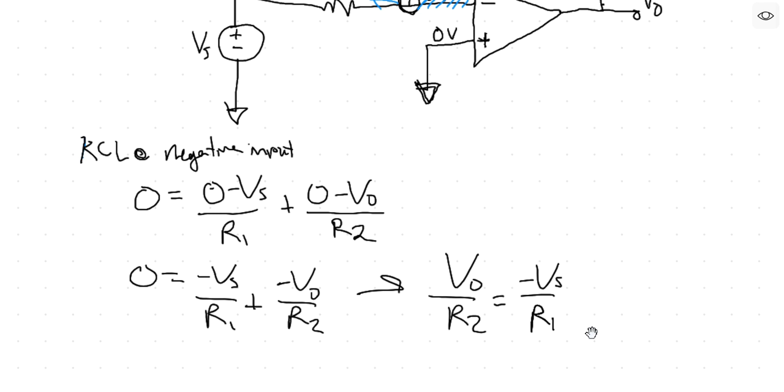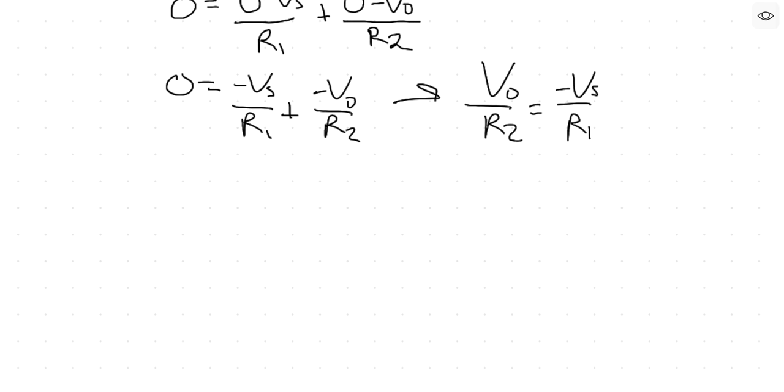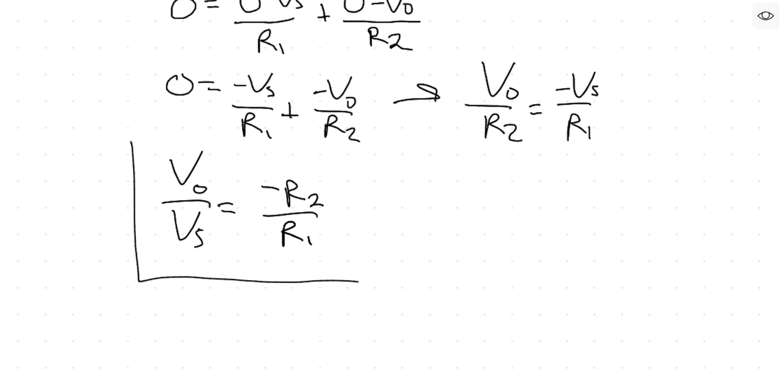And then if I scroll down, make more room, I get V out over Vs equals negative R2 over R1. And that is my gain of that stage.